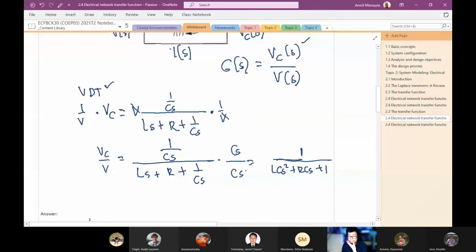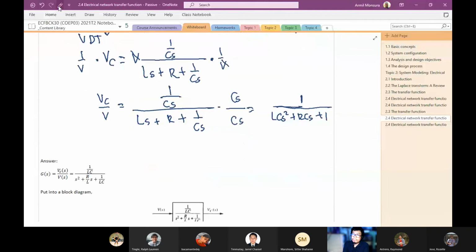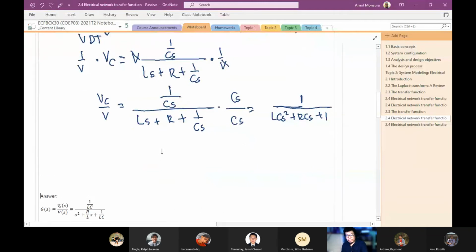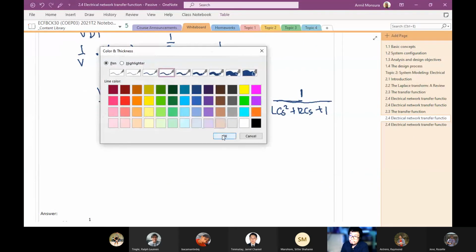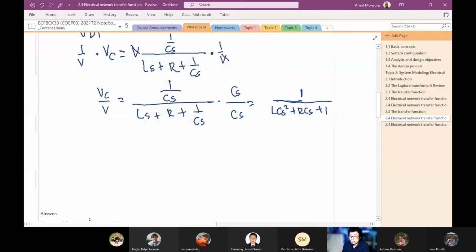Ngayon, lastly, if it is convenient for us or for you. Ang ultimate aim din kasi ng finding the transfer function. Okay. So this is now G of S, no?